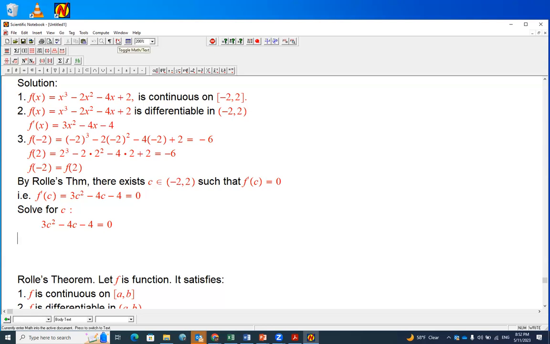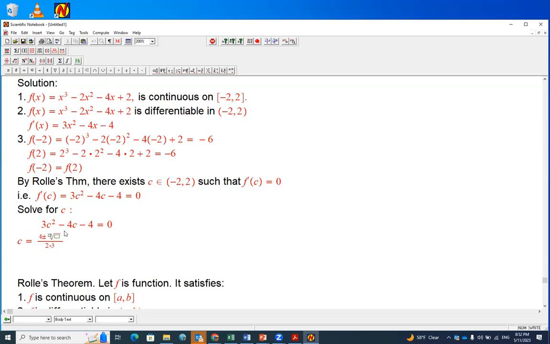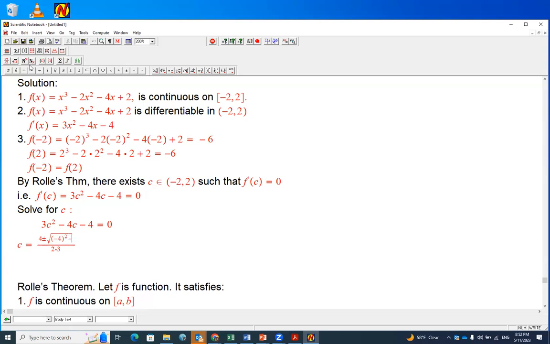So I'm going to use the quadratic formula here. c equals 4 plus or minus the square root of negative 4 squared minus 4 times a, which is 3, times c, which is negative 4, all over 2 times 3.